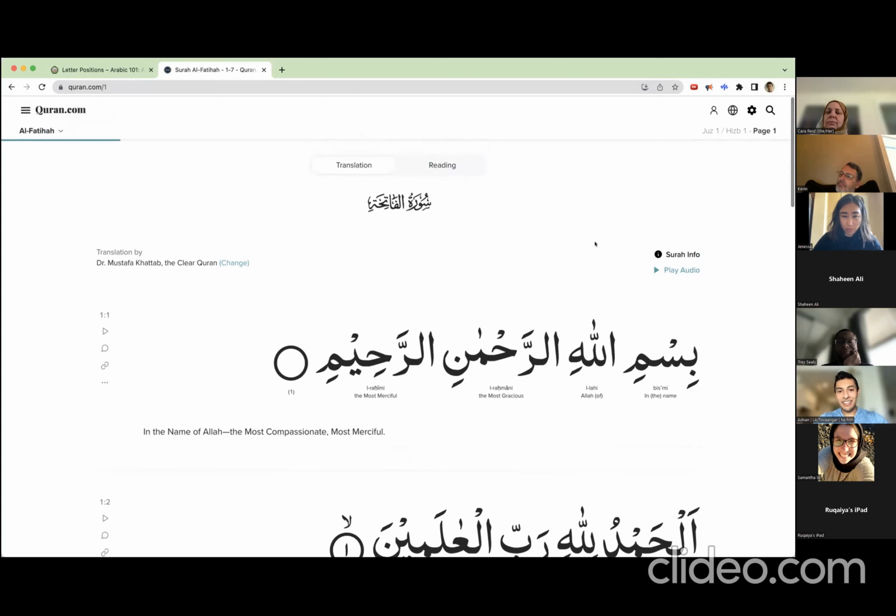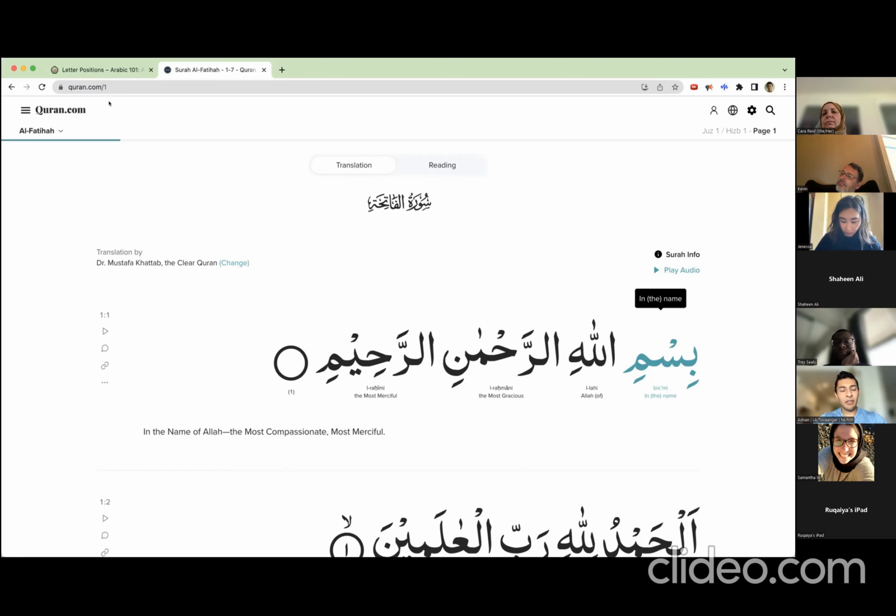So what we see here is that Quran.com provides the Arabic and then provides a translation. Now you can hover over the Arabic words and you can see the meaning. If you press it, you get the sound of the words. So that really helps if you're a first time learner trying to figure out what the meanings are, what the sounds are, if you have some questions.